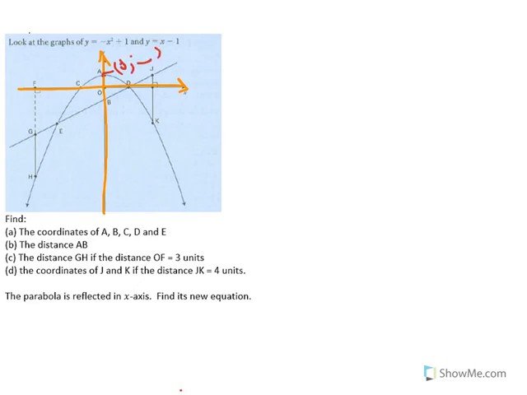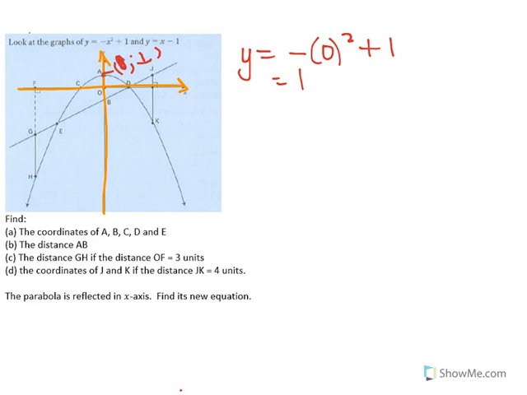So we're going to take 0 and make it the input for my quadratic function so that we can find the output, because that will be the y coordinate. So we're going to say y is equal to negative 0 squared plus 1, which gives me 1. So the coordinates of A are going to be 0 and 1. That looks like a teardrop, but it's a 0.